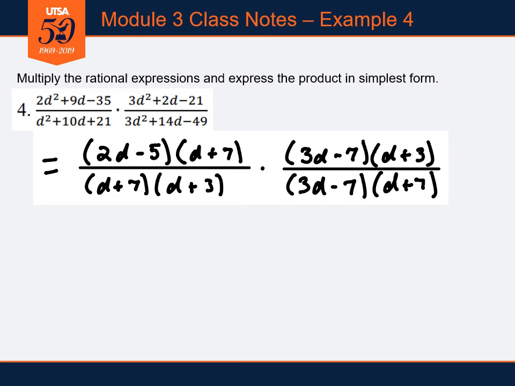Now, just like we did in example 3 on the last slide, we're going to find factors. Since we're multiplying these fractions together, then we're considering them all as one single larger numerator and one single larger denominator, and find what do we have that reduces, what common factors do we have, like the d plus 7 in the numerator here with the d plus 7 in the denominator, and the 3d minus 7 in the numerator here with the 3d minus 7 factor in the denominator here.